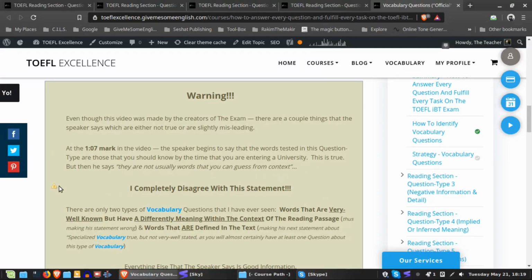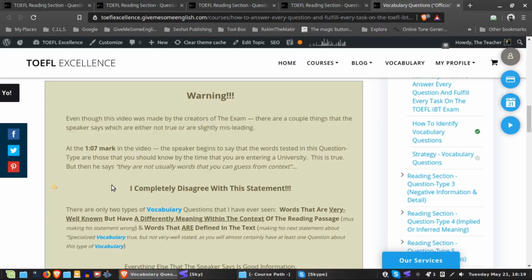As I state here, I completely disagree with that. Almost every example that I have ever seen for this question type is exactly the opposite of what they say here. The words and phrases that they test with the vocabulary question type are almost always words that you can guess from the context.